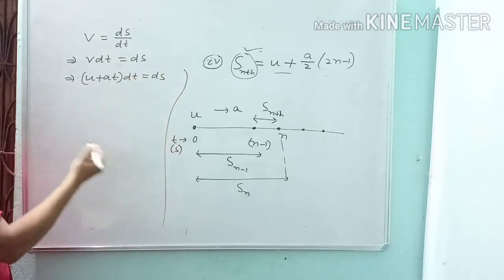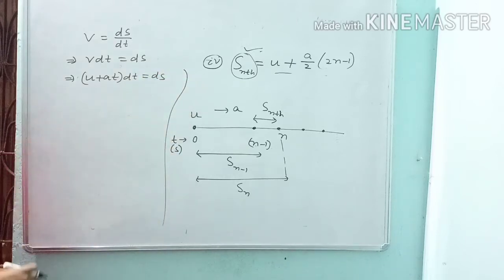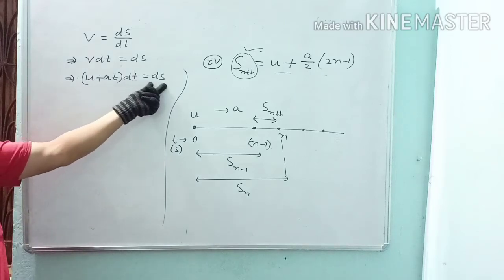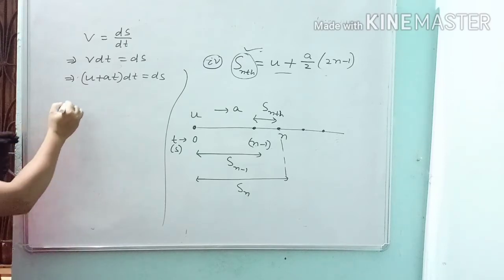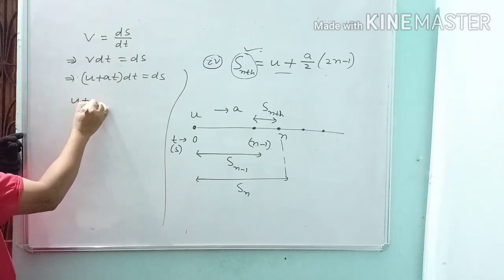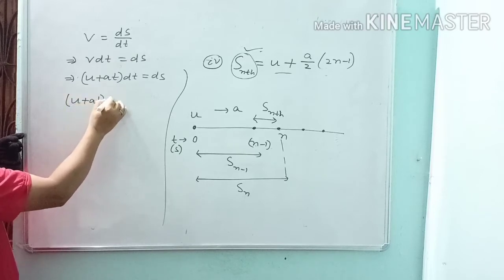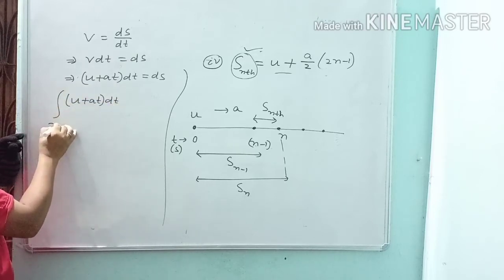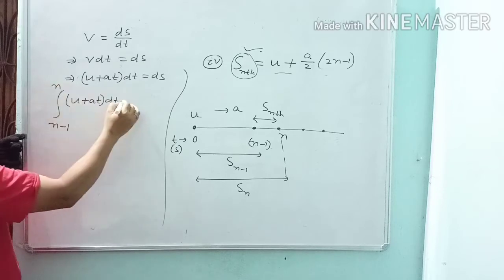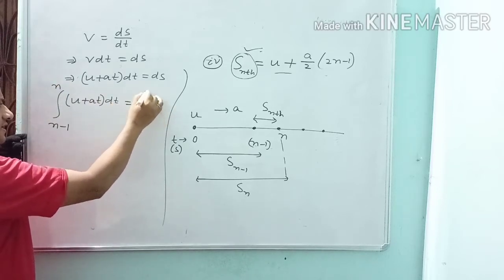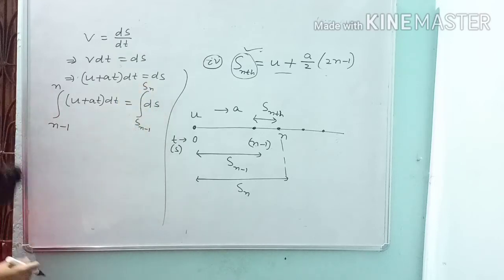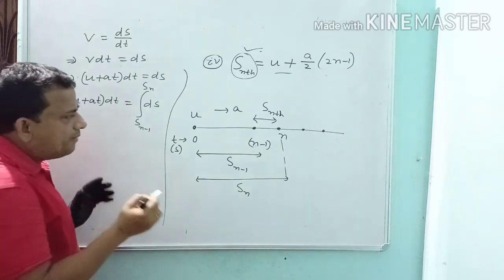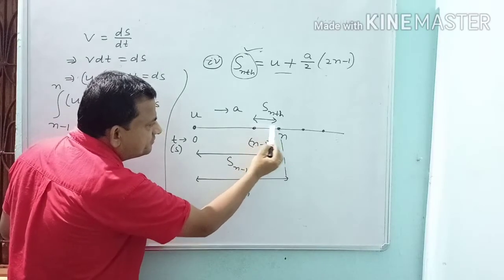So here the limit will be changed. That means in dt time, ds is the displacement. So what limit is going to be changed? You see, ∫(u + at) dt from n − 1 to n = ∫ds from S(n−1) to Sn. Just the limit is changed. That means we have to find this one, Snth.